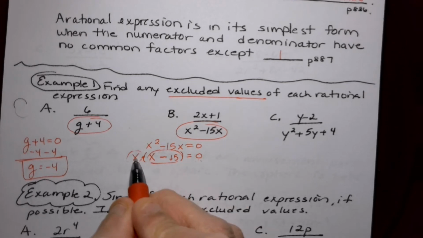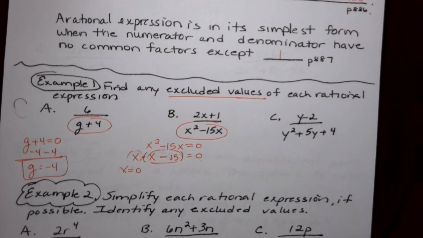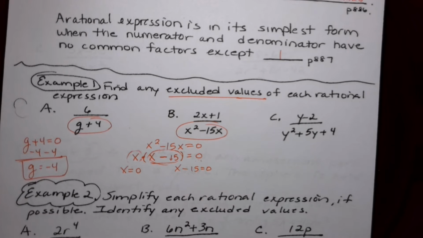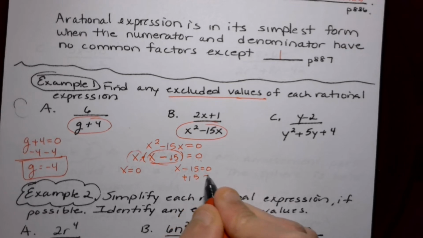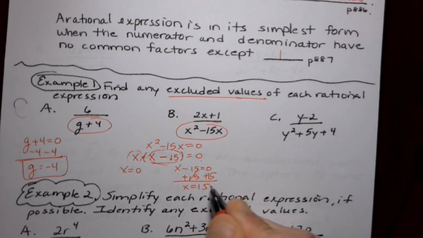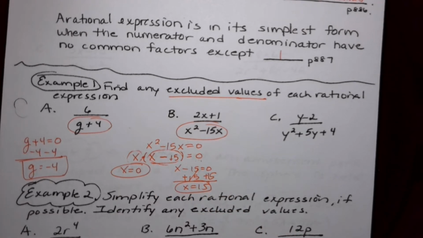So either this is equal to 0 or this is equal to 0. So then this is done. But this one we still have to solve. There are 2 excluded values there.